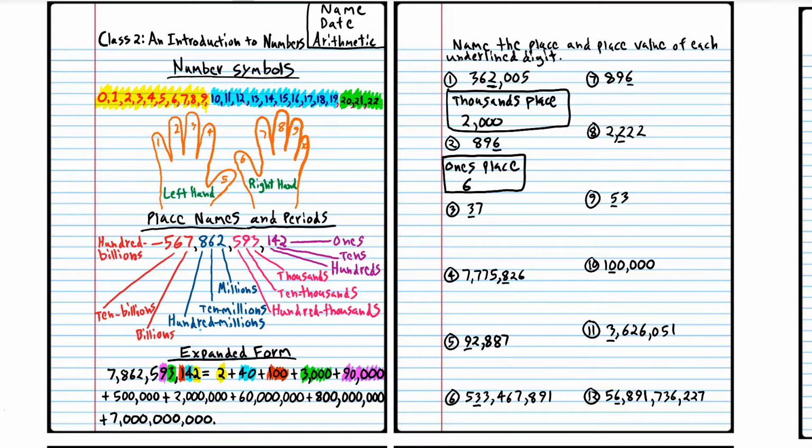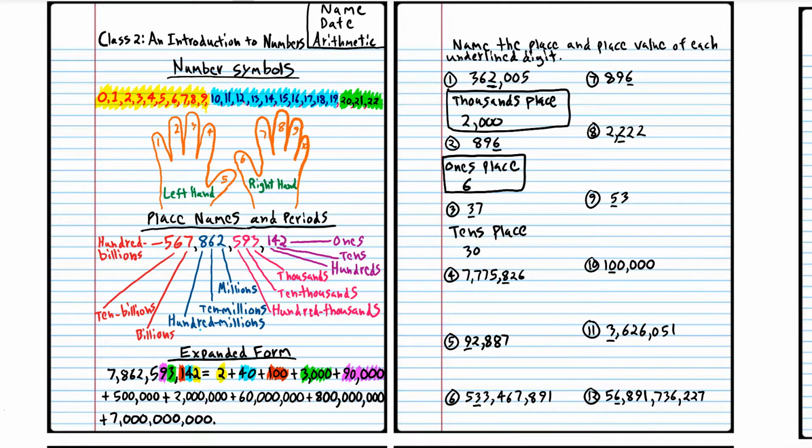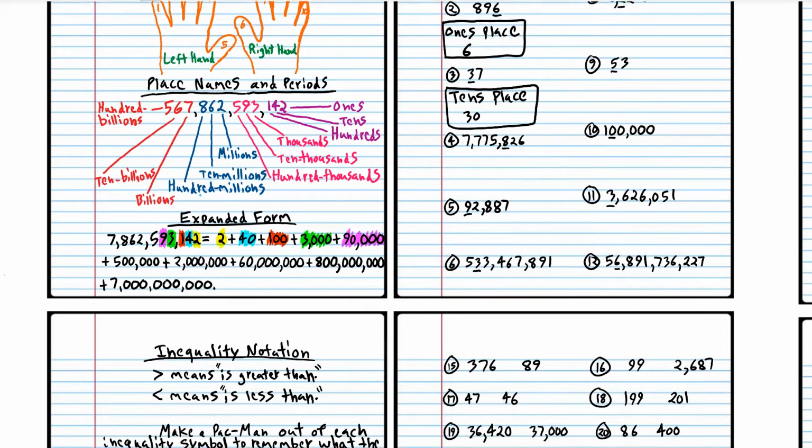All right, we're back. So the 3 is in the tens place. It's a 3, which means the place value is 30. 3 tens make 30. All right, number 4.